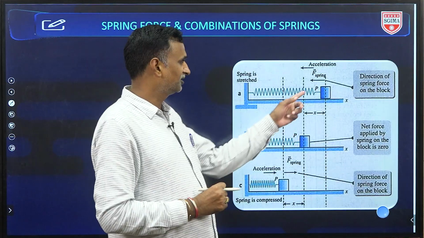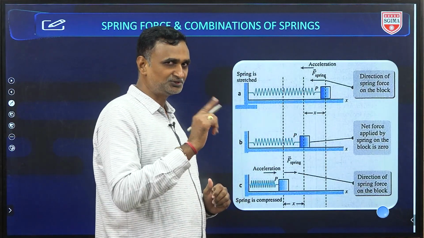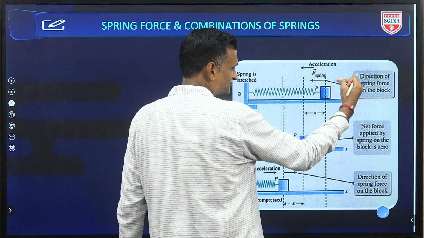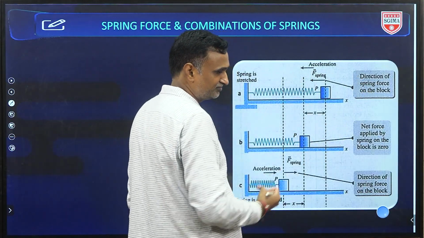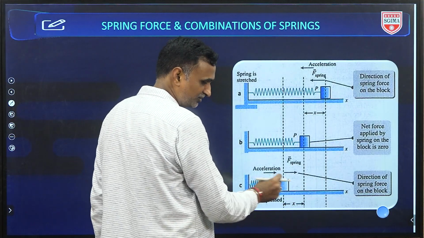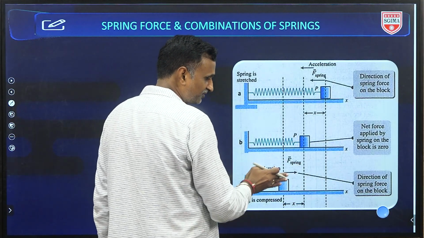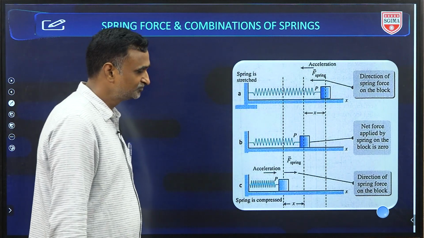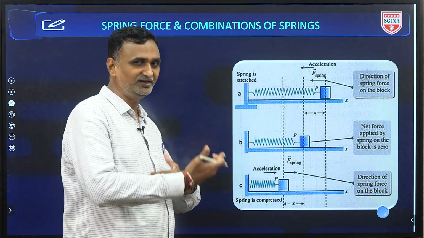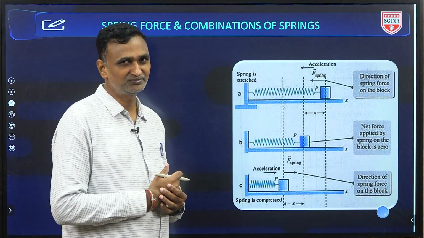Due to that, a restoring force is produced, and we observe one thing. When we stretch the spring and block to the right side, the spring force is produced left side, meaning restoring left side. And when we compress the block along with the spring, the spring force restores in the right side. So the restoring spring force will always be opposite to the direction of motion of the block.